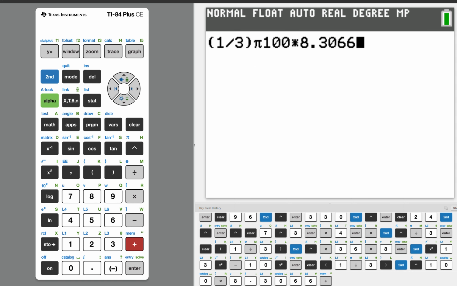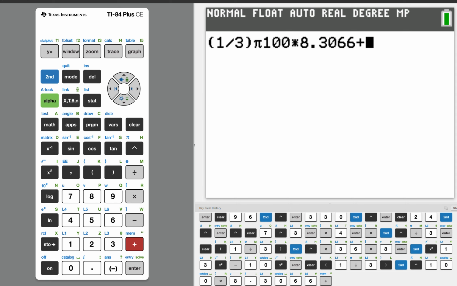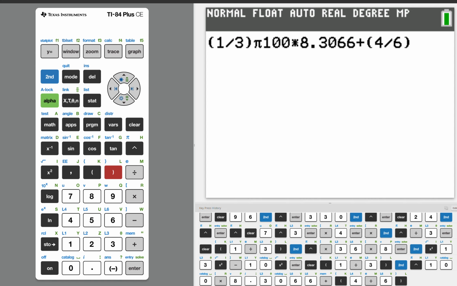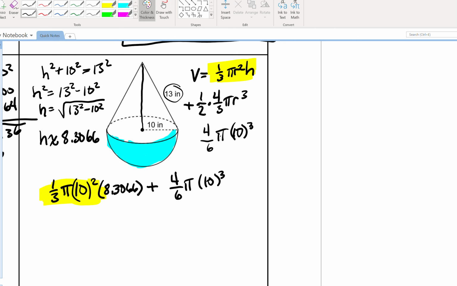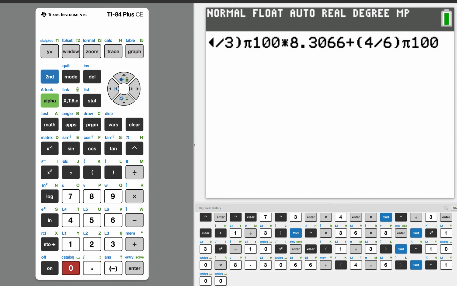And then to that, I'm going to add 4/6, which is the same as 2/3, but it'll take it either way. 4/6 pi times 10 cubed. Again, I'm going to type 1 with 3 zeros. 1, 2, 3. And then I just hit enter.